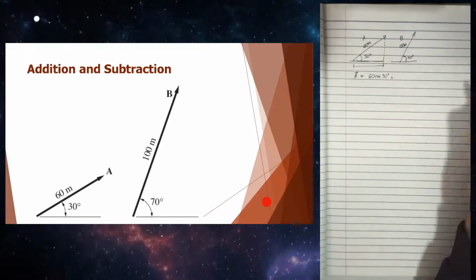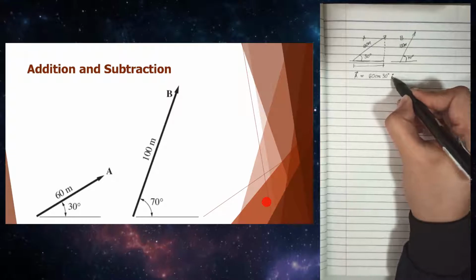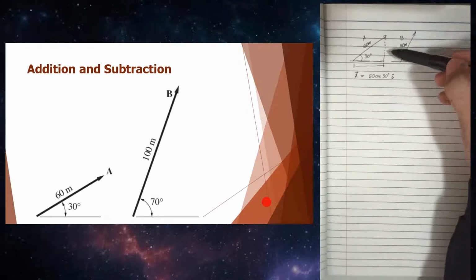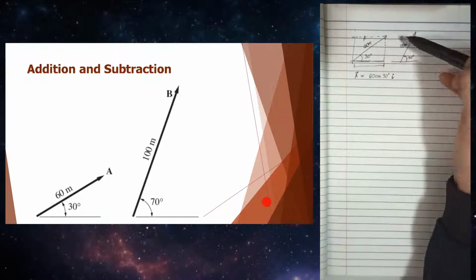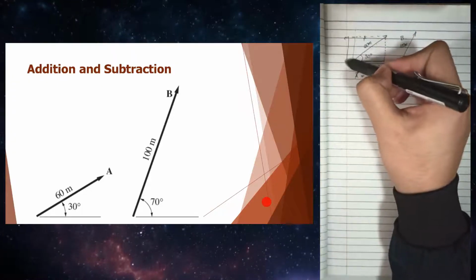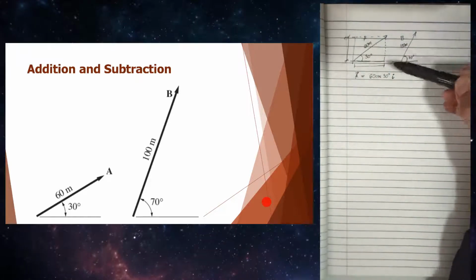Papunta sa I. Now, para makompleto natin yung component niya, dito sa axis na to, nag-travel siya ng ganitong distansya, pataas.